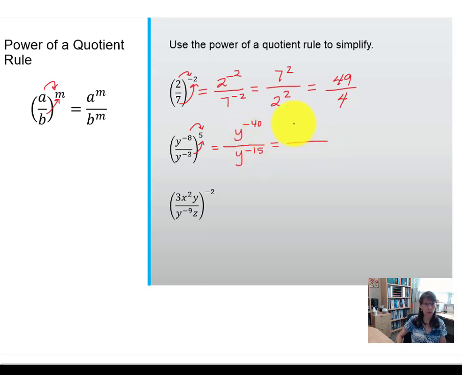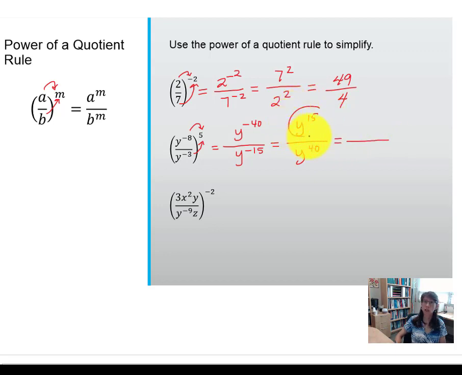If you wanted to rewrite them with positive exponents, you could. You really don't need to do that step, but now I would say compare the numbers 15 and 40. Remember, whichever one is the smaller one is the one that needs to shift to get to the final answer.